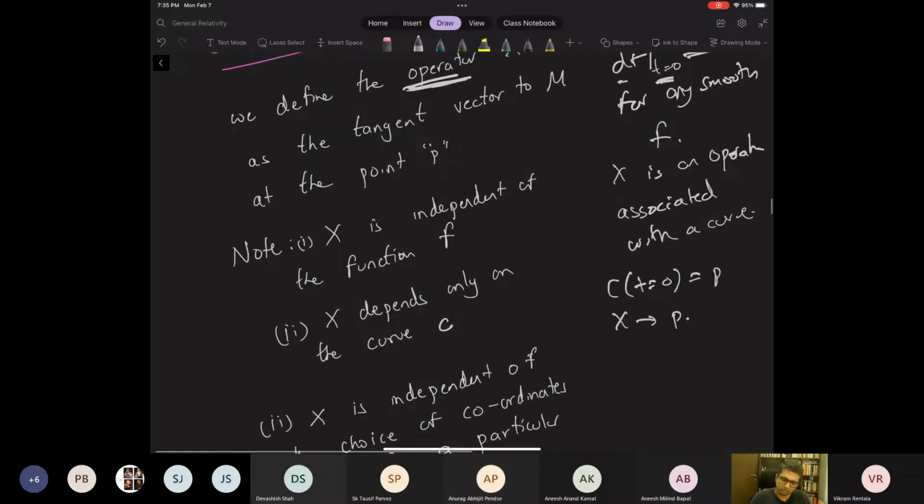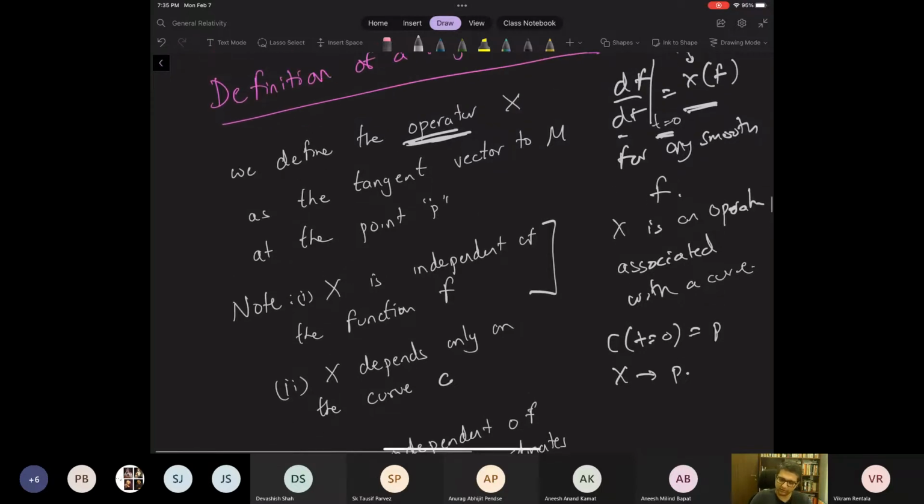A couple of important points to remember. One is that the operation X itself is independent of the function f. For any function you can define this operation, and the operation is the same. So independent of f, you only get one vector for one curve. X depends only on the curve c.